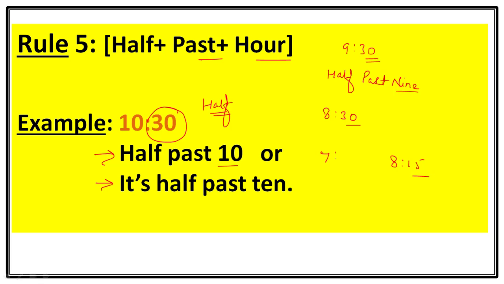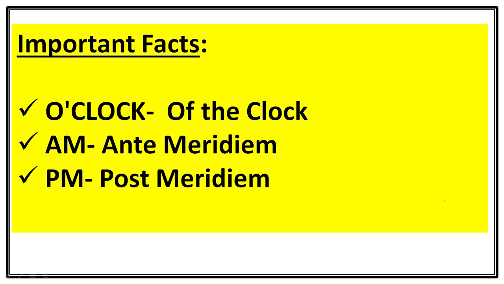Or suppose you have to say 7:45, which means 15 minutes are remaining in completing 8. So you'll use quarter, and you'll use the sentence like this: quarter to 8. So this will be the correct sentence for telling the time.